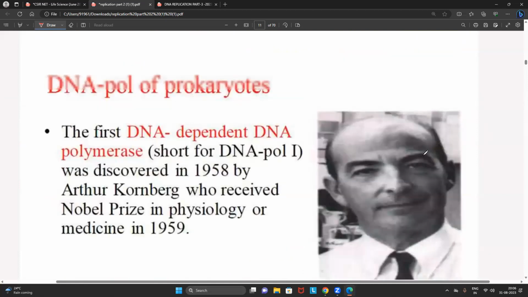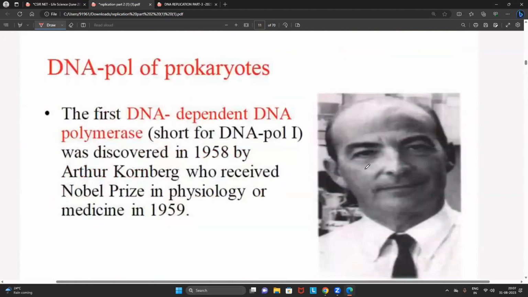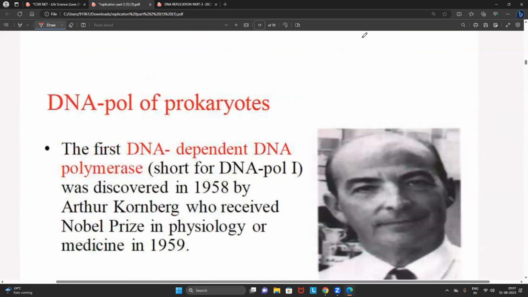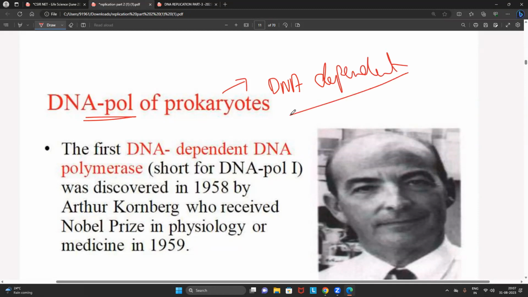Now let's talk about the polymerases one by one, briefly and elaborately. The first and very important statement all the students have to remember: DNA polymerase is what kind of a polymerase? Hope every one of you remembers, it is a DNA dependent DNA polymerase. Because friends, the entire information is coming from where?